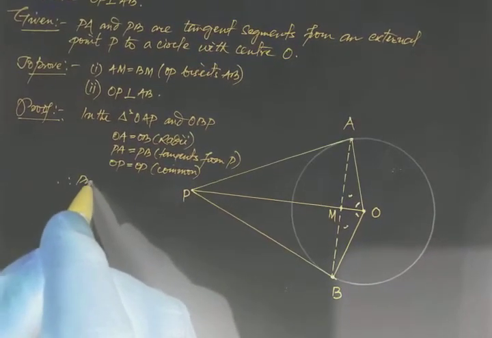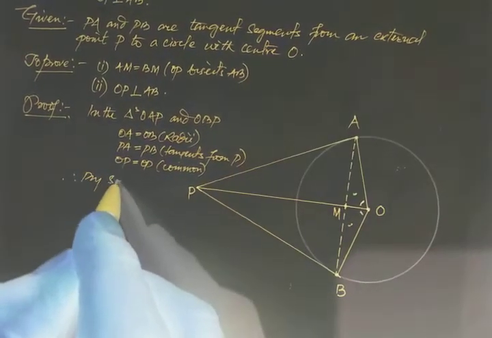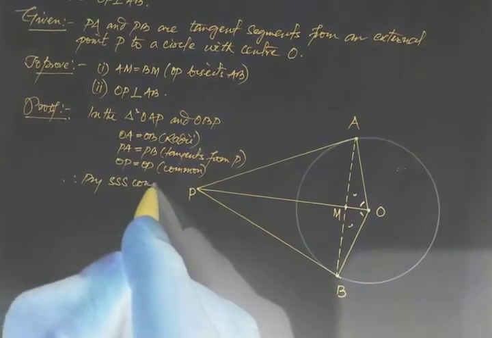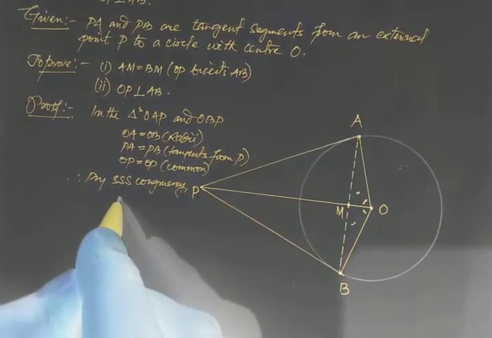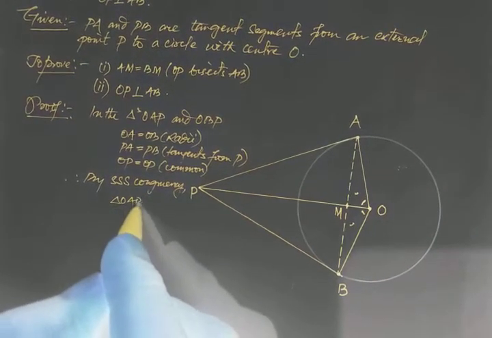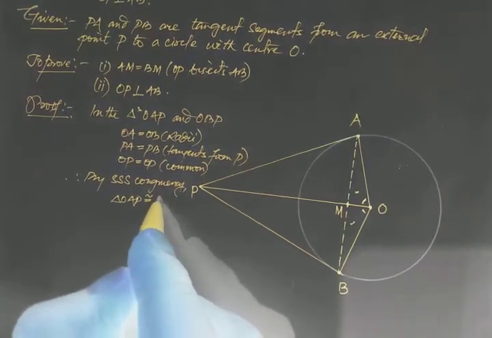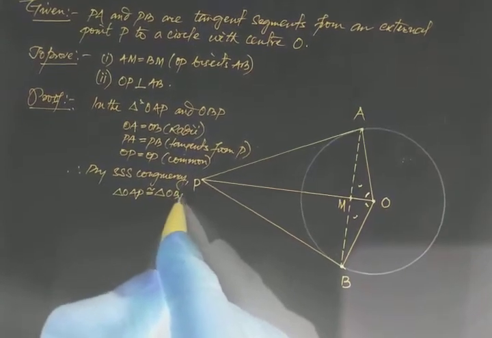Therefore, by side-side-side congruency, triangle OAP is congruent to triangle OBP.